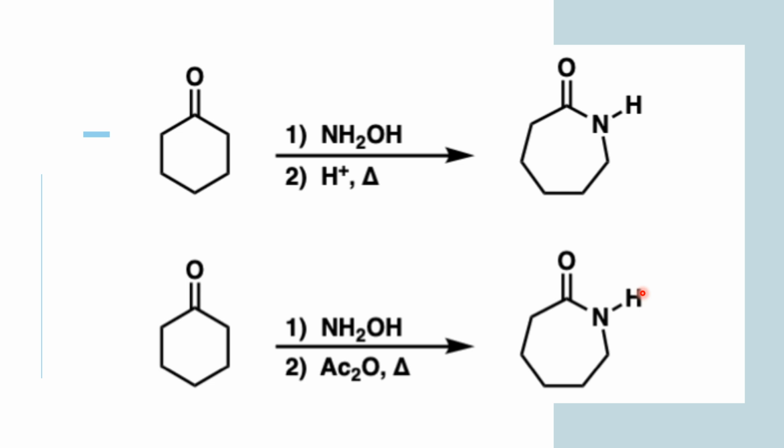Now, in the next question, we have cyclohexanone given, and cyclohexanone is treated with hydroxylamine, followed by heating in presence of either acetone or acid solution, and we get a cyclic amide with an increased ring size as the final product.